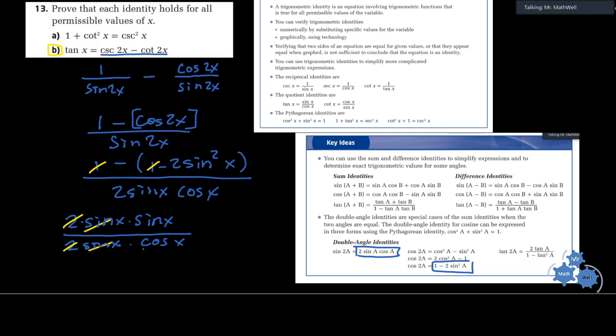And what am I left with? Sine over cos is tan. So that equals tan x. So this side I have just proven through manipulation and through rewriting identities that I can transform this side into tan x, which is the same as our original side.